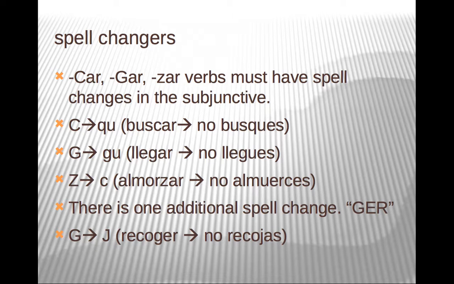Its yo form is recojo. So even in the yo form in the indicative, it's got to change to a J to maintain that soft G sound. Recoger. So it becomes recojas. The J makes it soft. So its indicative yo form is recojo with the J-O. Drop the O and add AS.